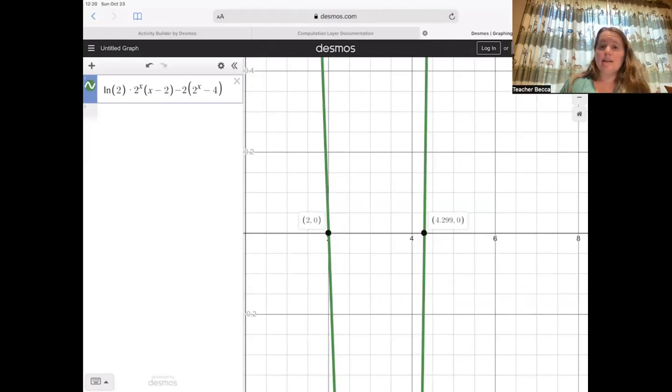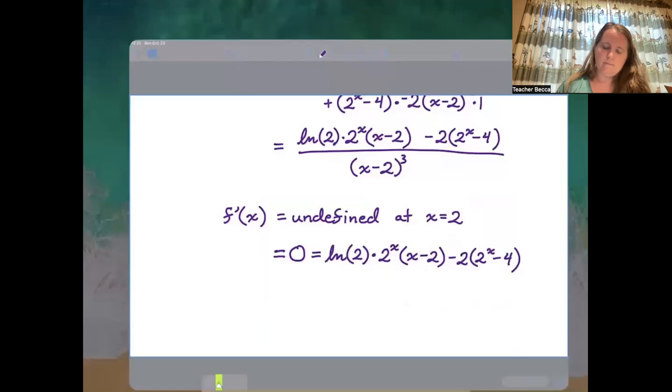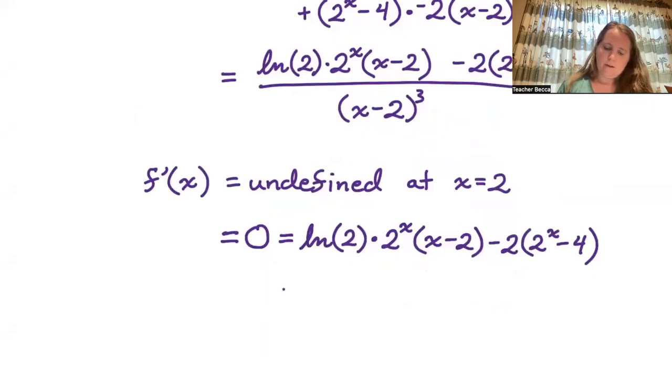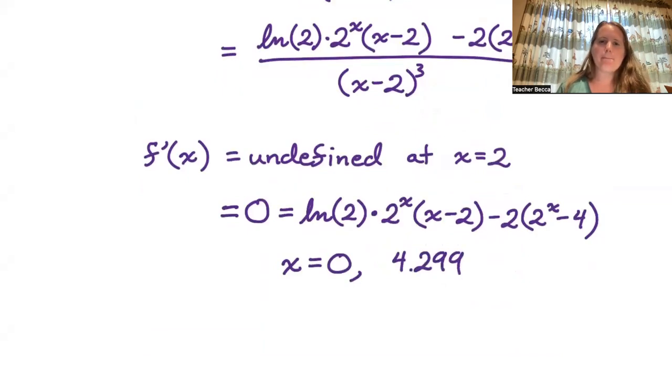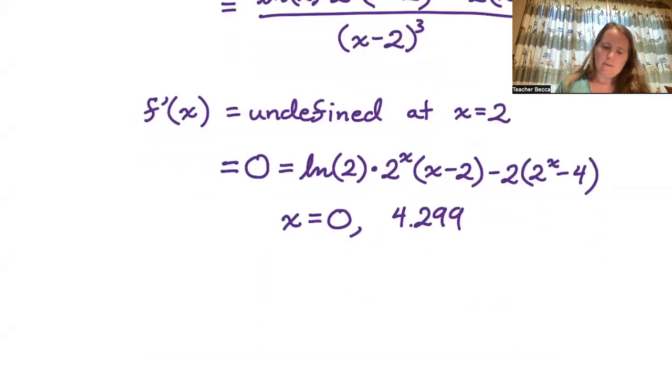So technically this equals 0 at 2 and at 4.299 approximately. So here we have x equals 0 or 4.299. This x equals 0, we're going to cross off, since f prime of 0 is undefined.